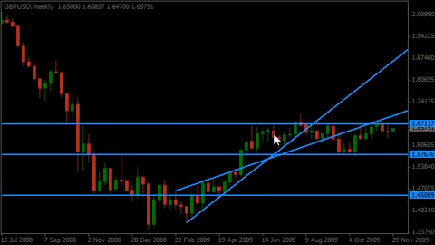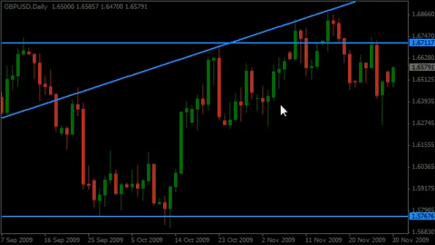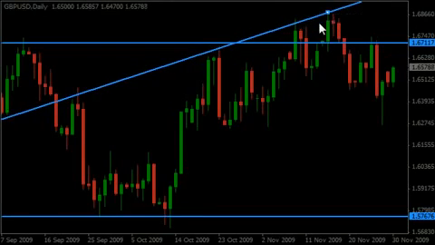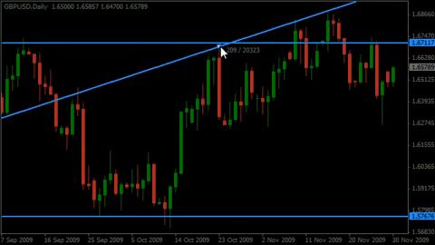Now that we've drawn a few lines to get an idea, let's go down to the daily time frame. On the daily time frame, we may want to make some small adjustments, like on this one here. We want to get the best number of touches on our line.